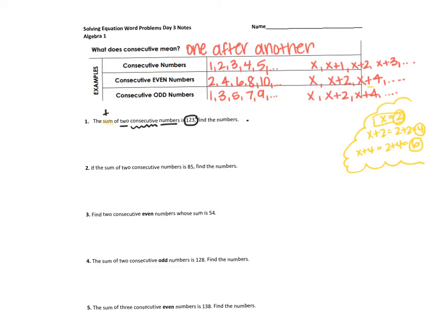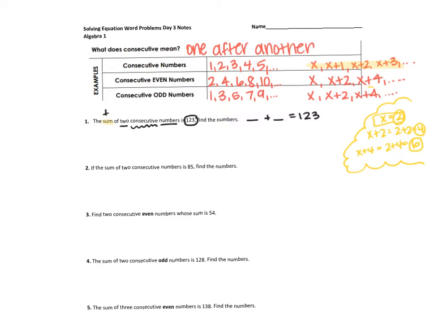So now I know I have something plus something equals 123. That's what that just told me. I also know they're consecutive, so I know it's one after the other. So we're going to do that writing it with the letters so we can make an equation.